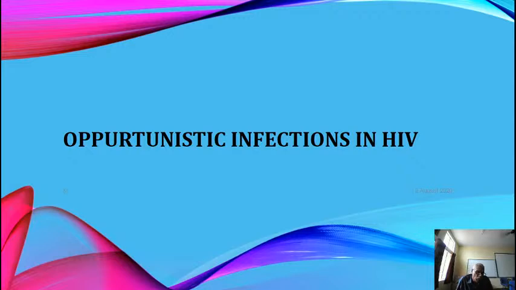In India, the most common diarrheal organism is Isospora belli. Usually we treat with trimethoprim-sulfamethoxazole. This is the treatment of choice for all these protozoal infections. Then there are parasitic, bacterial and viral infections.